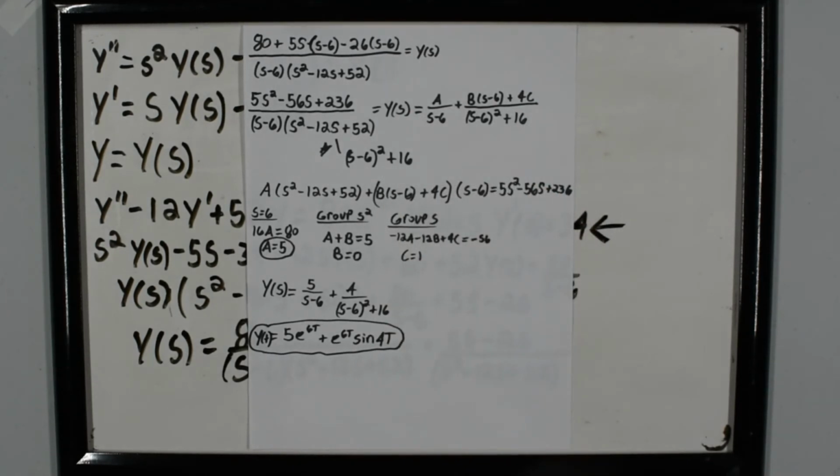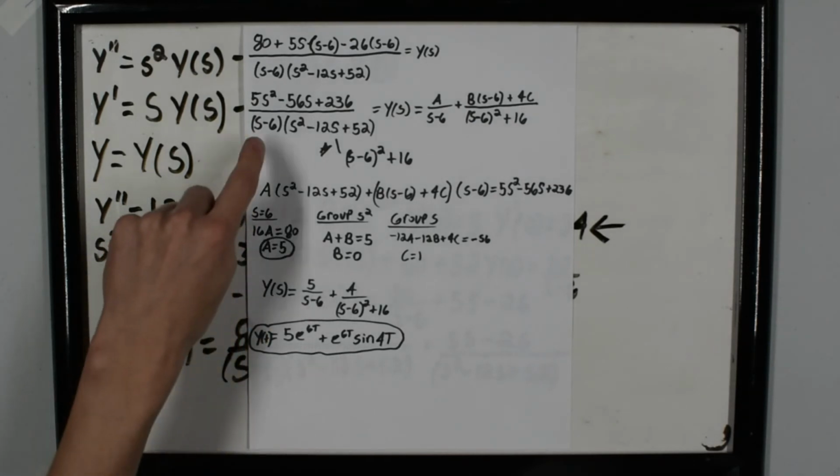Again, that's the partial fraction variation that we did in section 7.3.